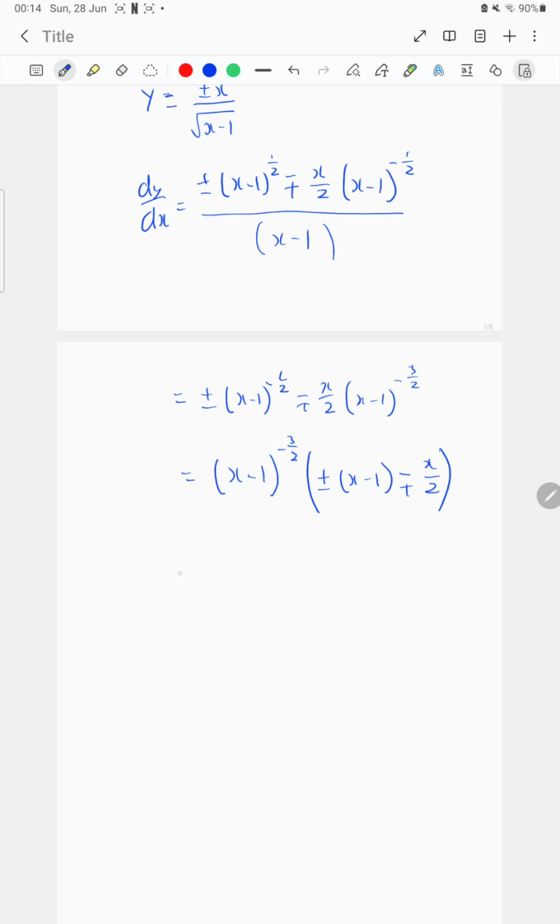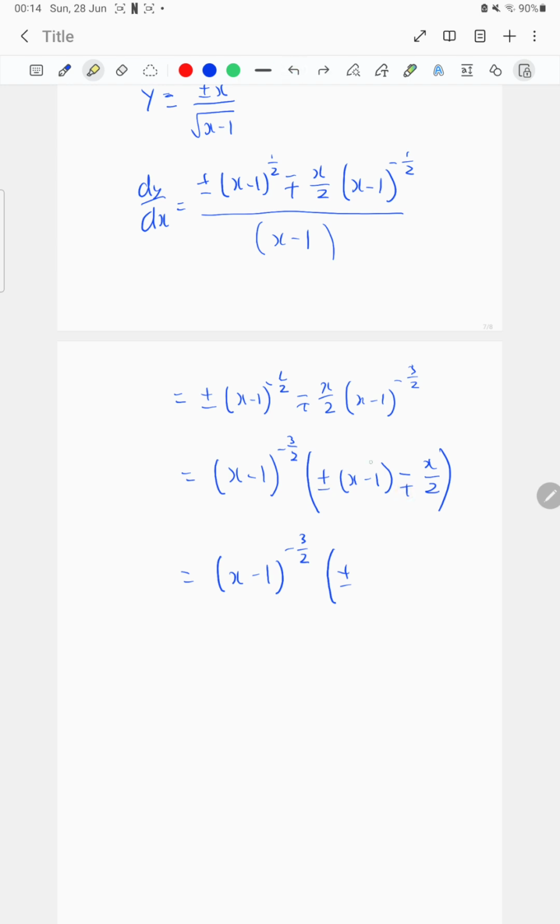And then we can simplify the right hand side bracket. So this is x minus 1 to the power of negative 3 over 2 brackets plus or minus, because x minus x over 2, this corresponds to this, and then the bottom one corresponds to this.